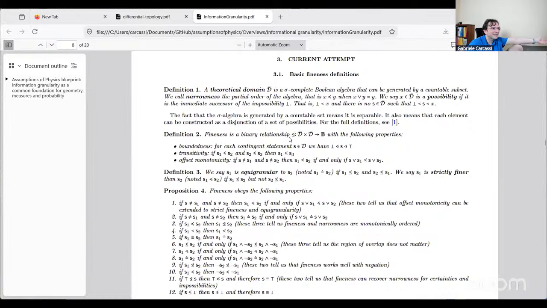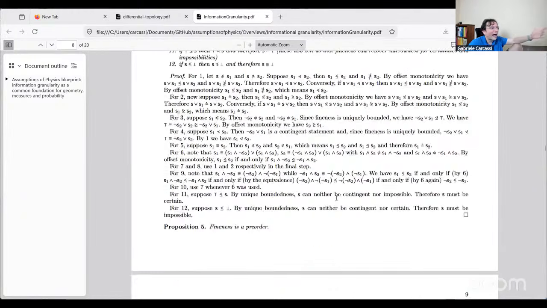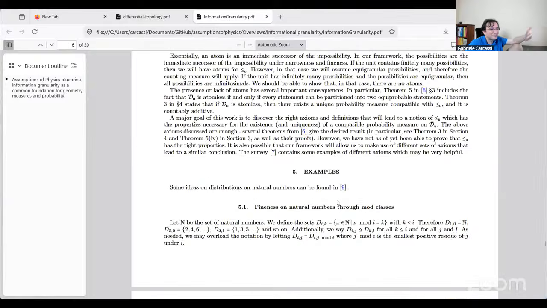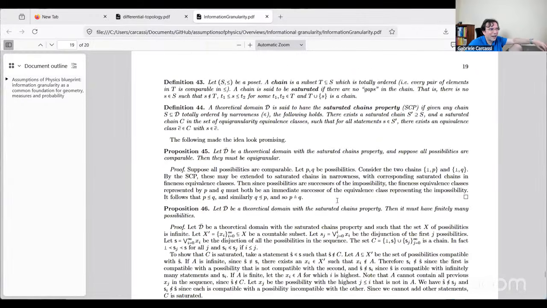You define this binary relationship, and then you can find lots of properties just by saying that you have this offset monotonicity property, which I cleaned up and recovered from other work. I could prove some things, but never got all the way out.